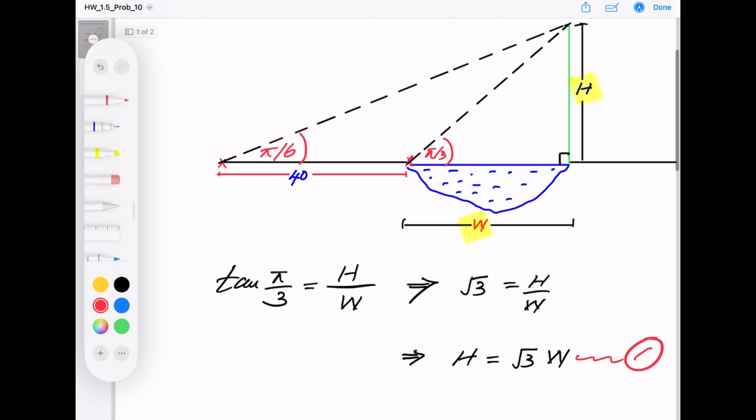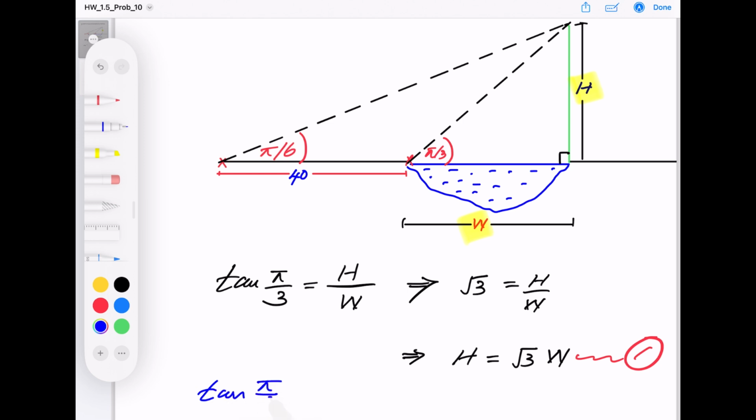Now I can write down another equation for angle pi over 6. We can quite easily write an equation for tangent pi over 6. Once again, that should be opposite over adjacent. For pi over 6, opposite is h. So it will be h over adjacent.